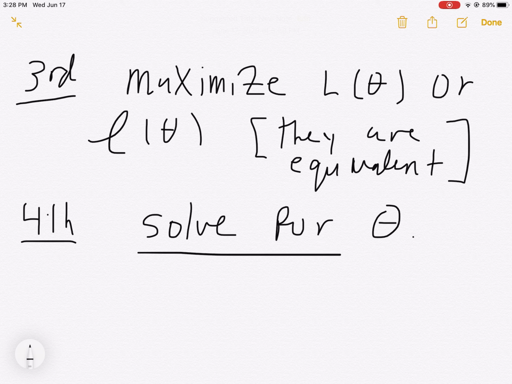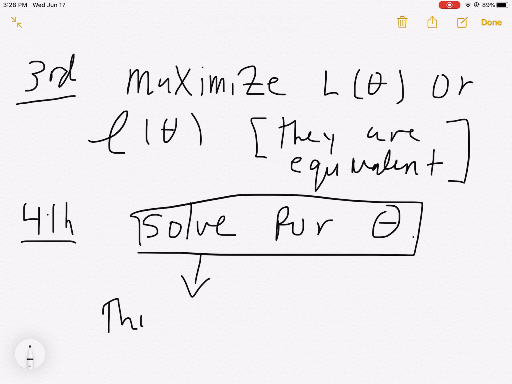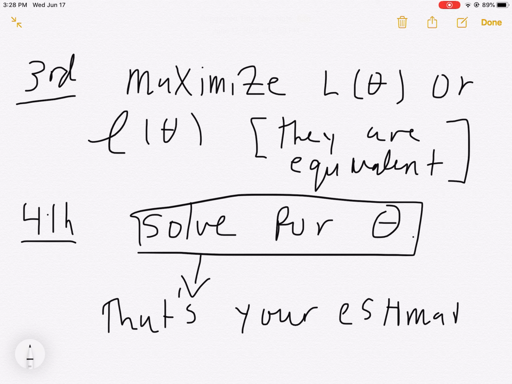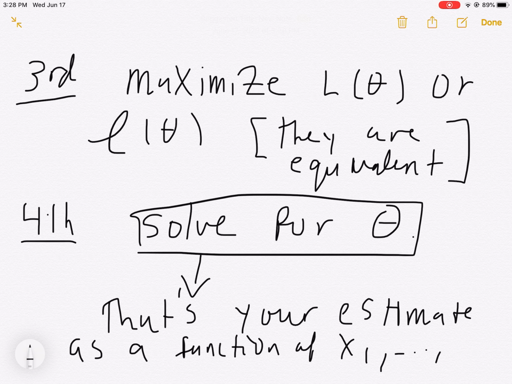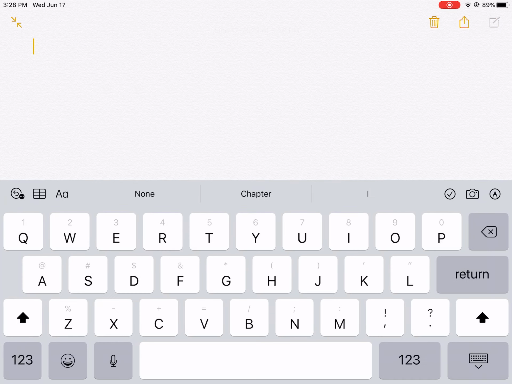When you solve for theta, that's your estimate, as a function of x1 through xn, your data. Okay, now we're ready to see this in action.